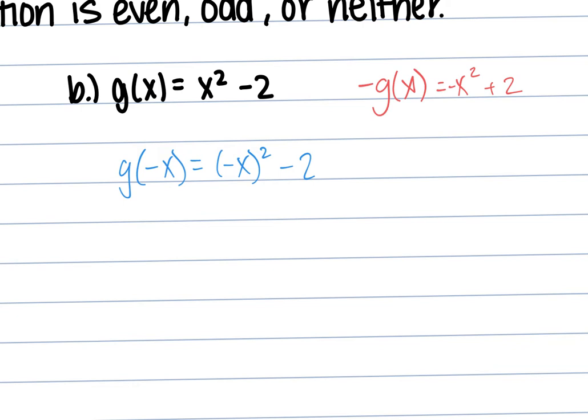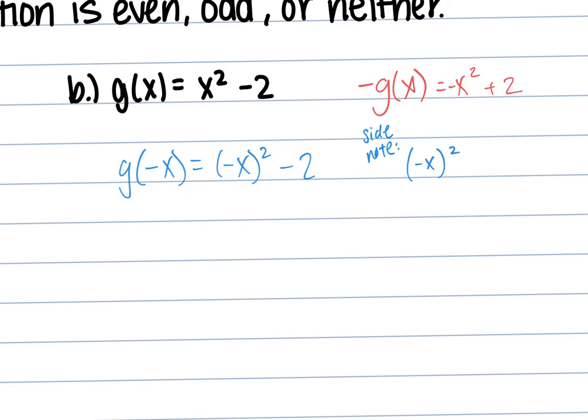It's going to be even. Why? Because negative x squared is positive x squared, so it's x squared minus 2, which isn't equal to negative g of x. Okay, I like where your head's at.